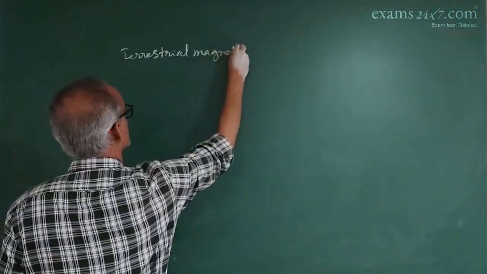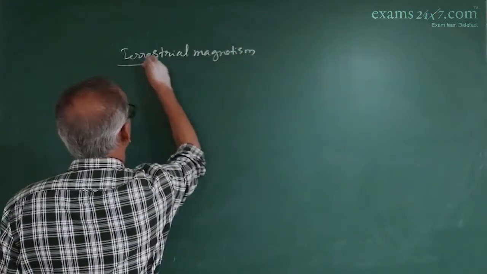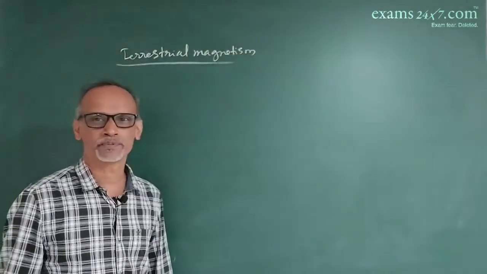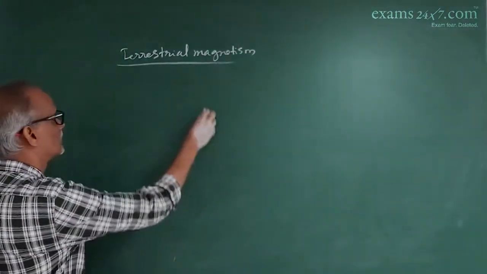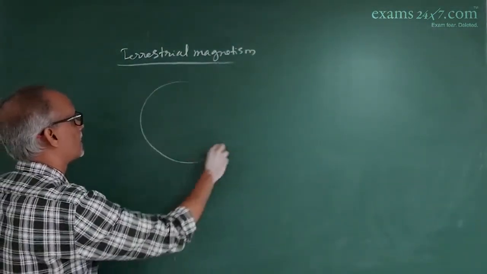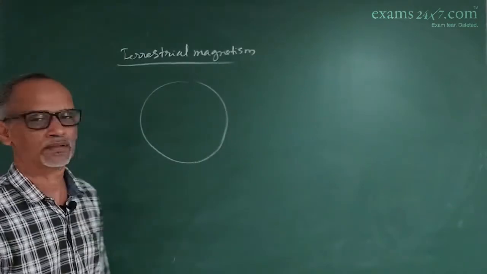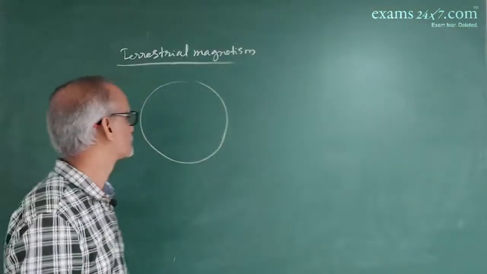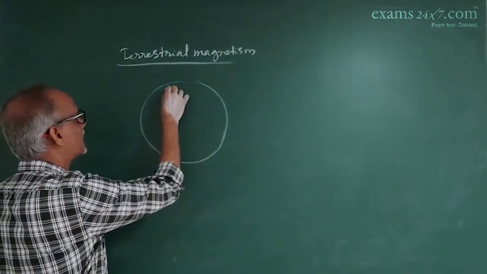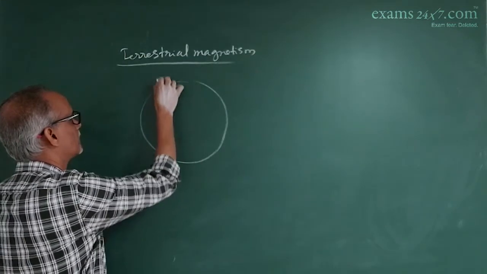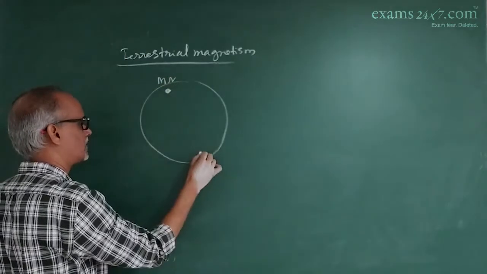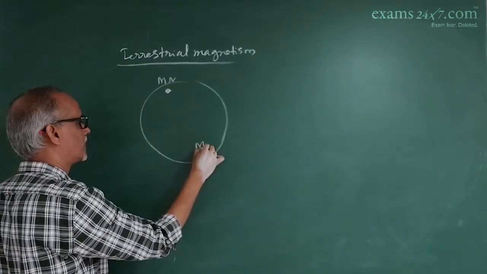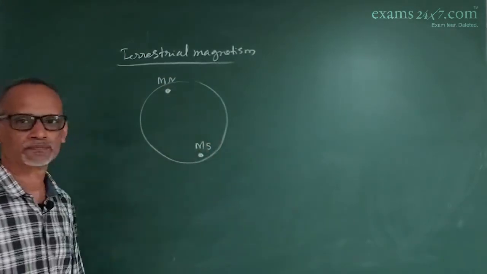Terrestrial magnetism, that is magnetism produced by the earth. So earth behaves like a huge magnet with one end behaving like magnetic north and the other end magnetic south.